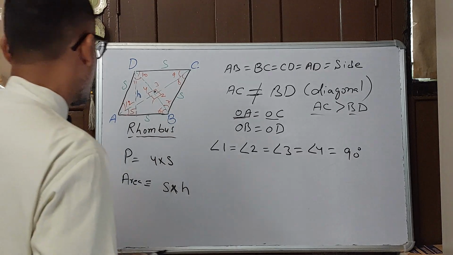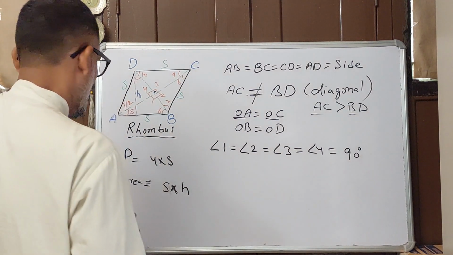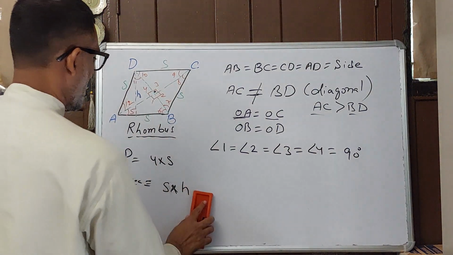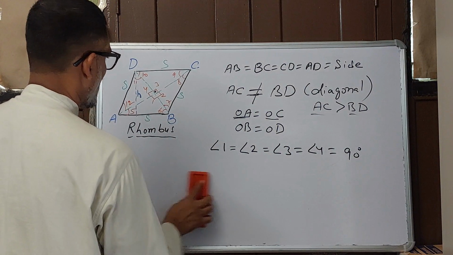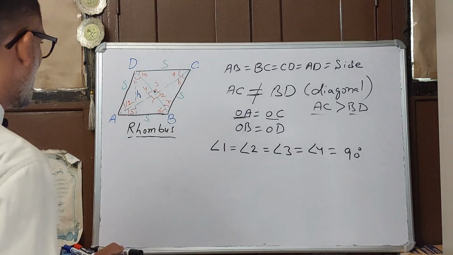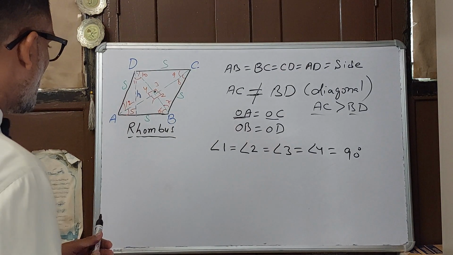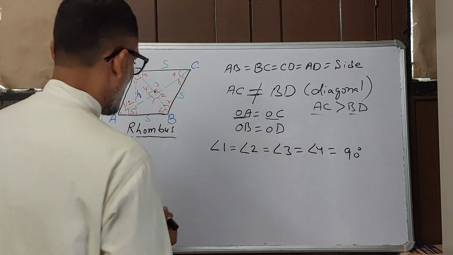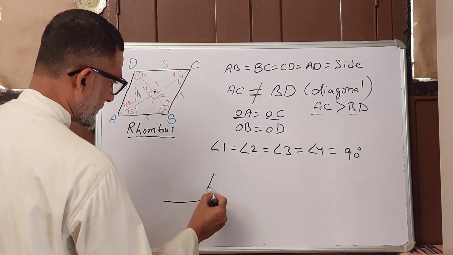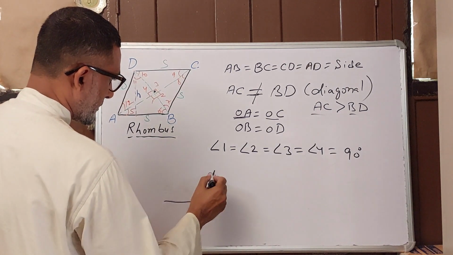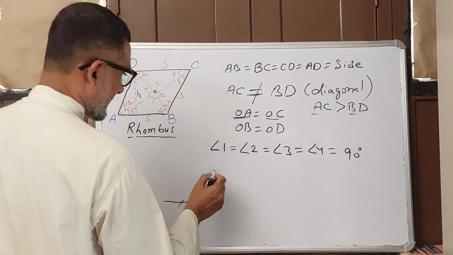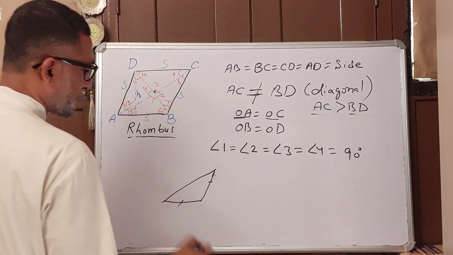What we see here, also we notice that when any triangle has both sides equal like this, we call it an isosceles triangle.